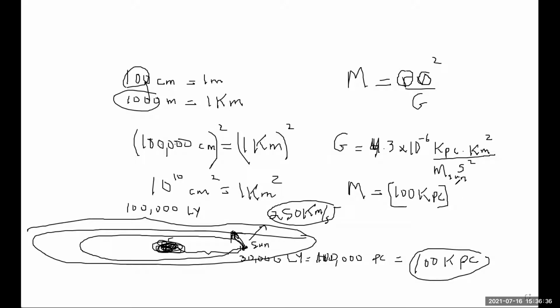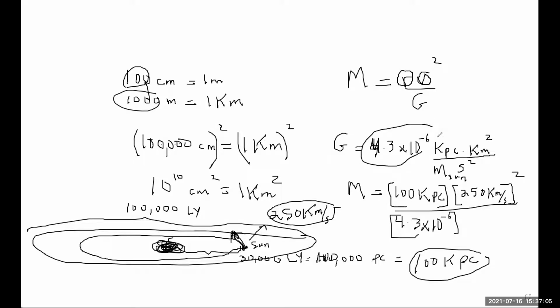So then I'm going to square that, 250 kilometers per second, and then divide that by G. But G is in these specialized units, 4.3 times 10 to the minus 6. You guys can use the G that I got because I based it off of their numbers. Kiloparsec, kilometer squared over mass of sun, second squared.